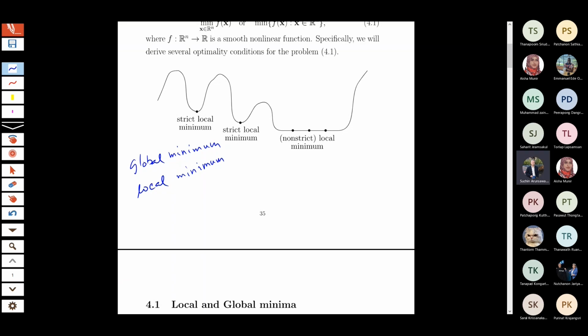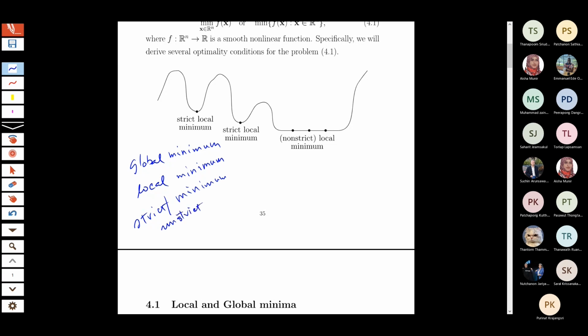Also, we have strict minimum and non-strict minimum.